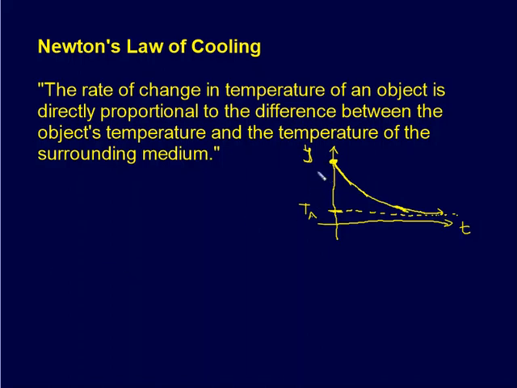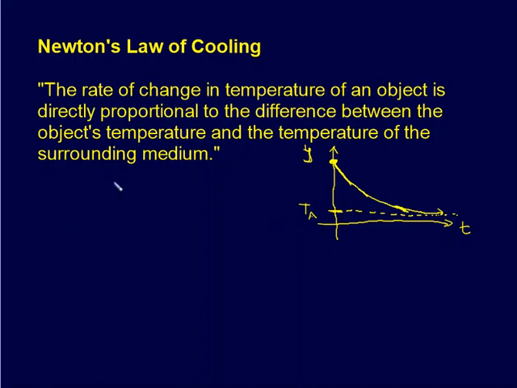Anyway, the goal for today is to change this statement into a differential equation, solve the differential equation using some calculus, and then solve some actual problems using the model. So let's write the model first as a derivative or differential equation, starting with the phrase, the rate of change in temperature of an object.